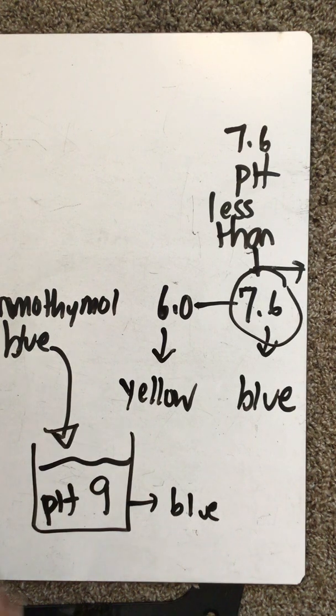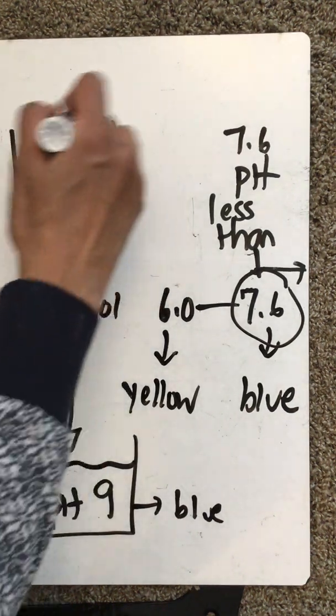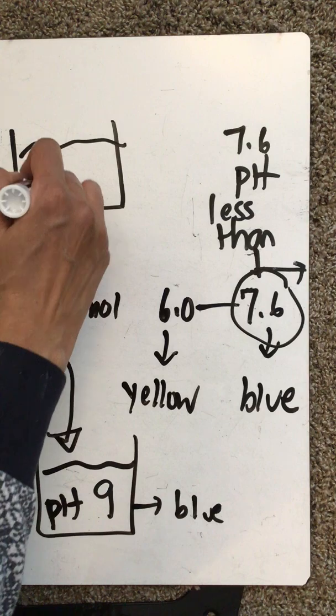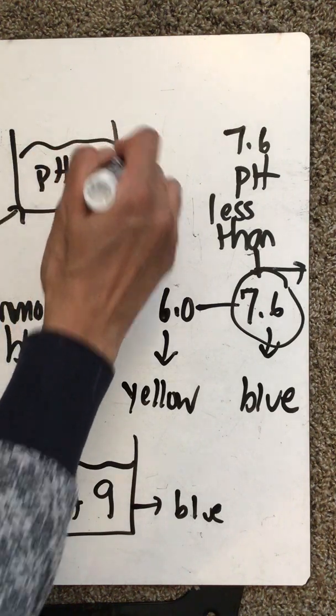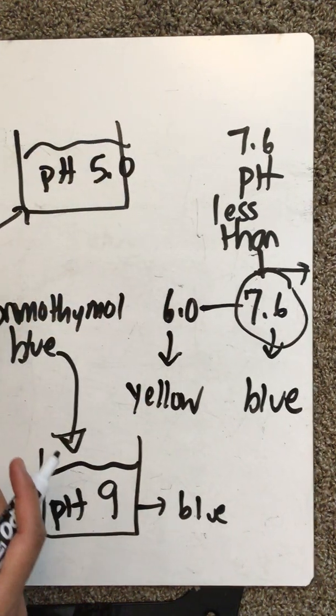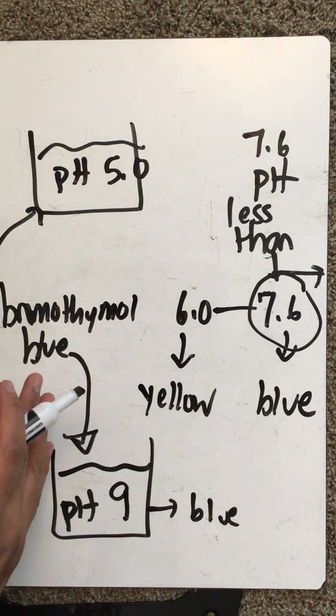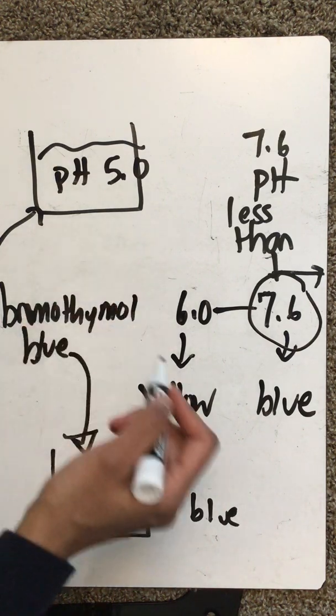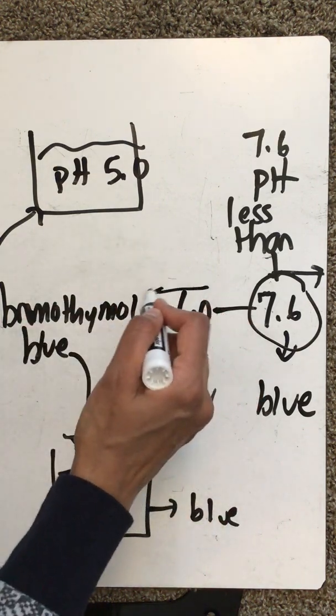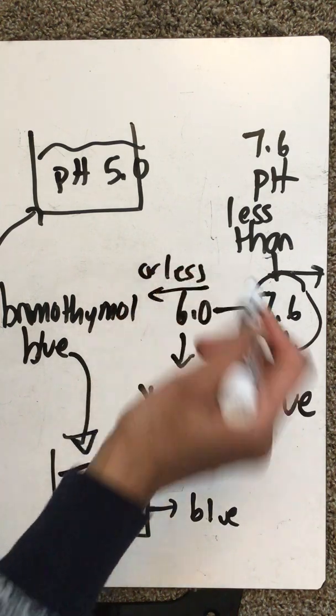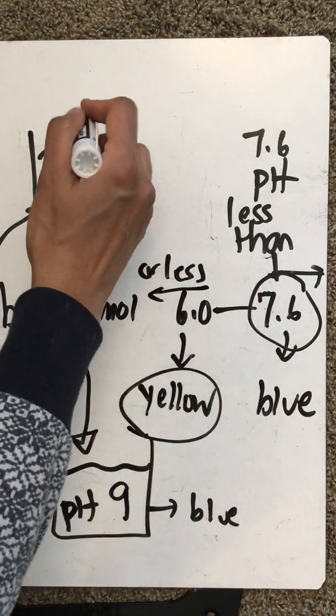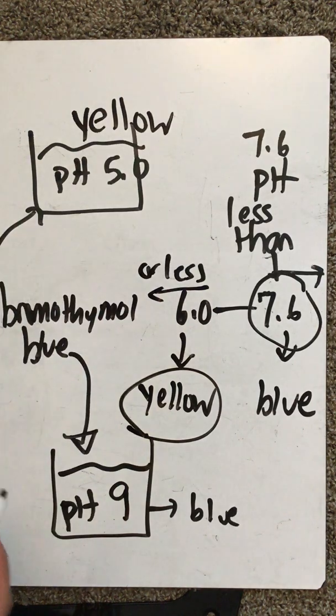And let's say I have another solution and I add bromothymol blue, and this solution has a pH, I don't know, of 5. Well, what color will the solution be if you add this bromothymol blue? Well, anything that's 6.0 or less will be yellow. So this solution will turn yellow.